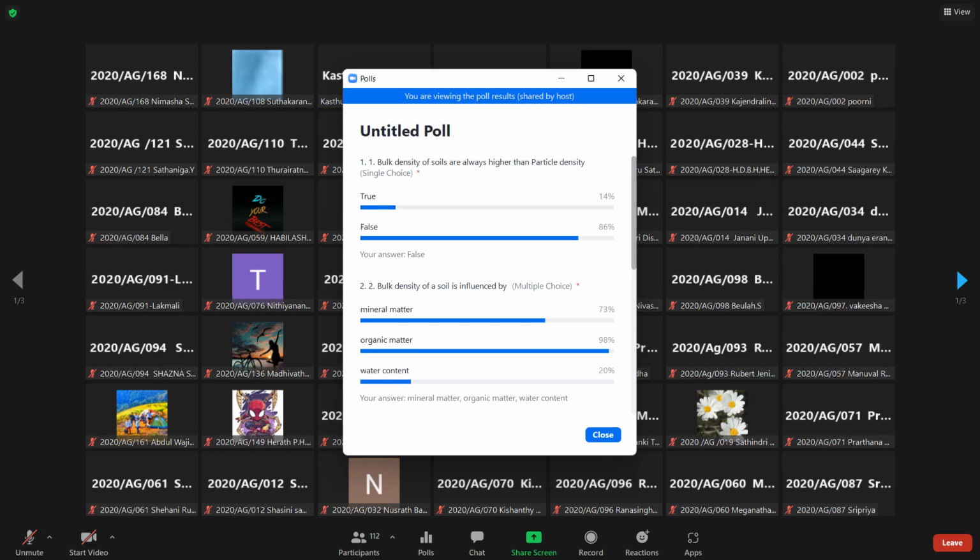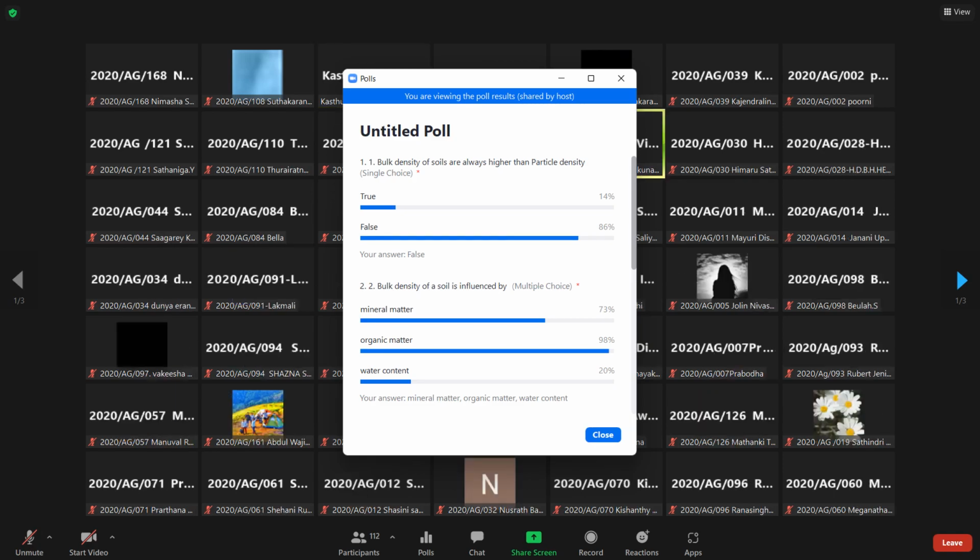And the fourth question. Earthworms can increase the bulk density of soil. True or false? False. And why?